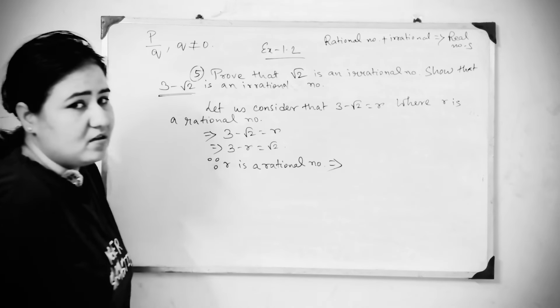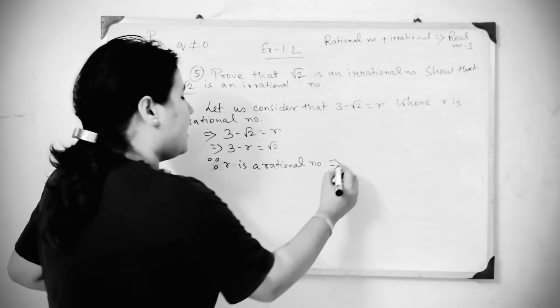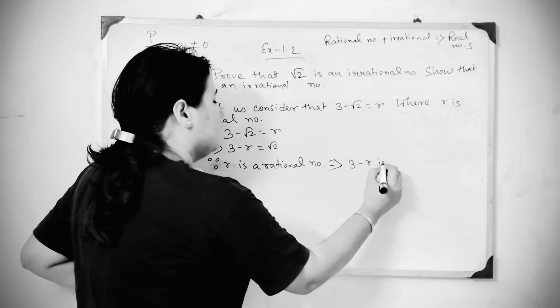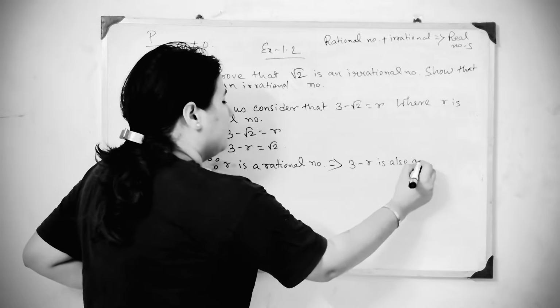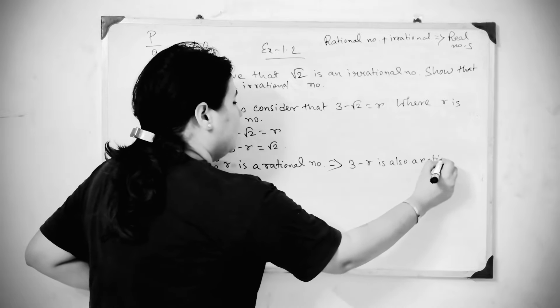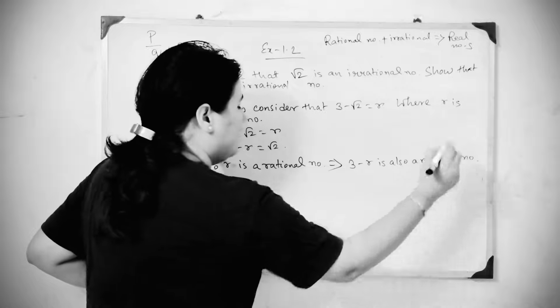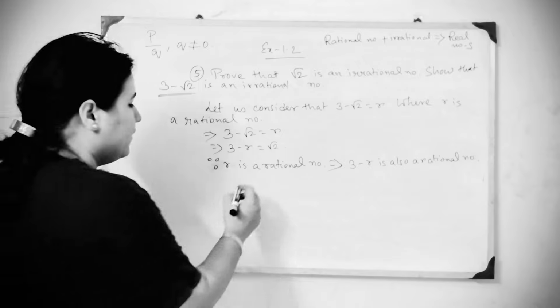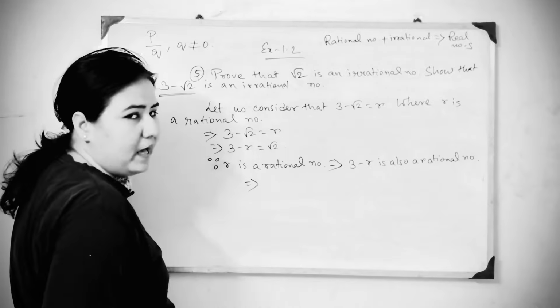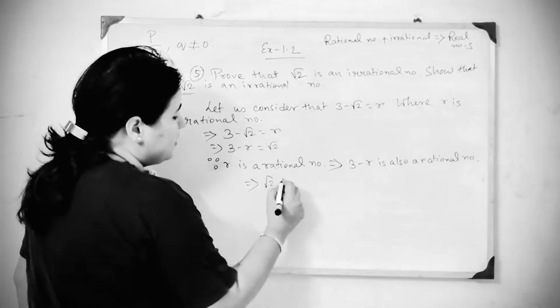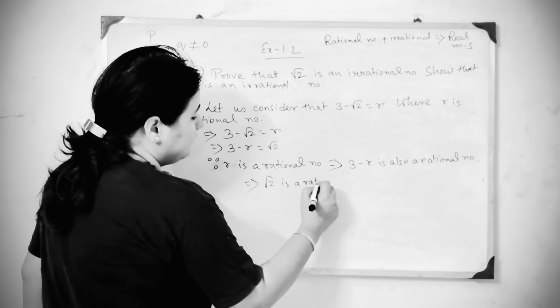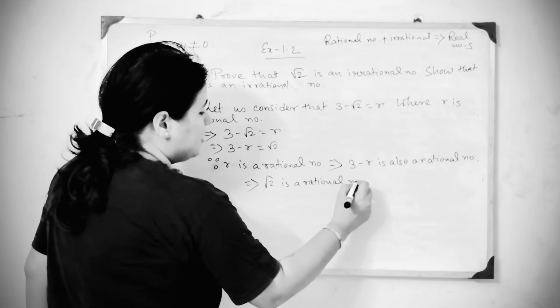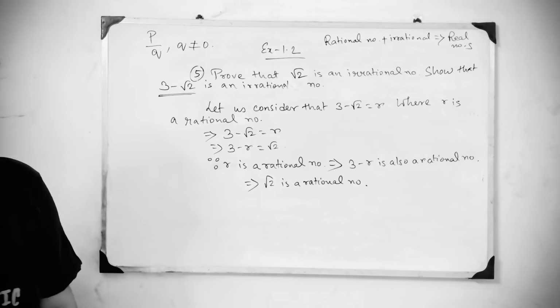Now, since r is a rational number, that implies that 3 minus r is also a rational number, right? Now if 3 minus r is a rational number, it should imply that root 2 is a rational number, because there is an equal to sign in between.